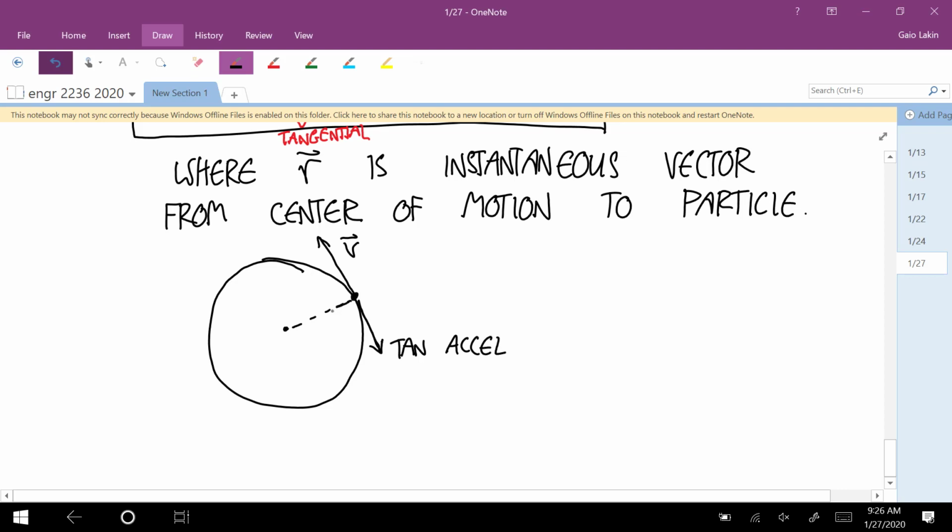The centripetal acceleration is always toward the center. And so you come up with the components of the tangential acceleration, come up with the components of the centripetal acceleration, and then you add those components together to get the total acceleration.